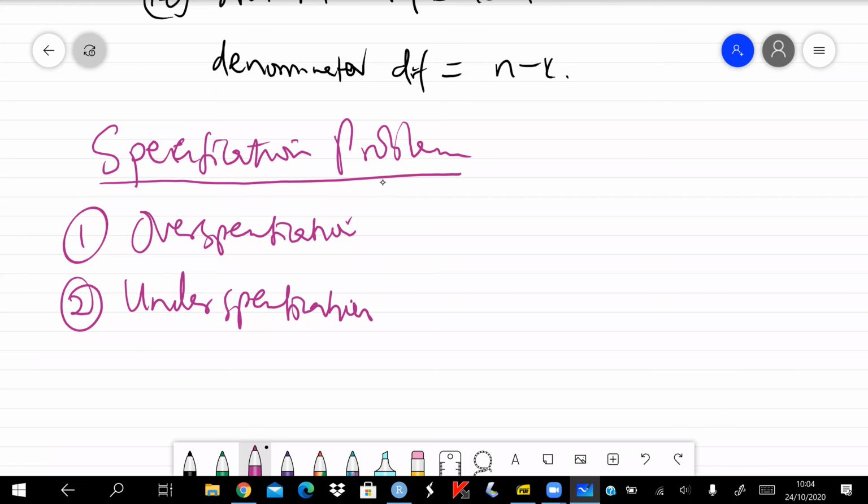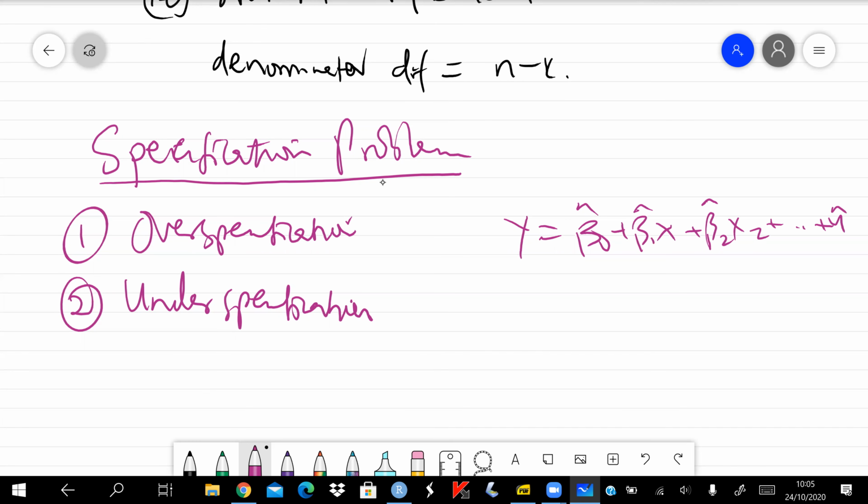So if you look at a model like this, y is equal to beta naught estimate plus beta 1 x1 plus beta 2 estimate x2 plus like that, all the way to beta k xk, plus the error term.